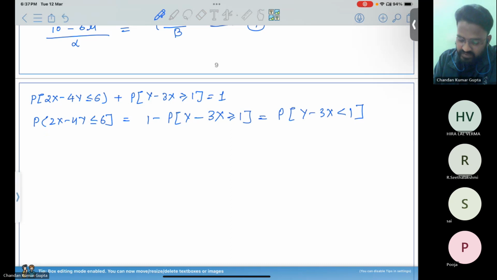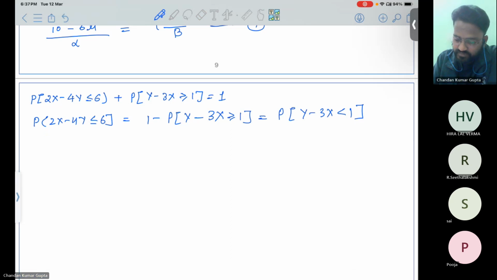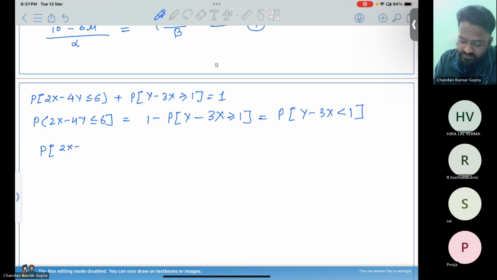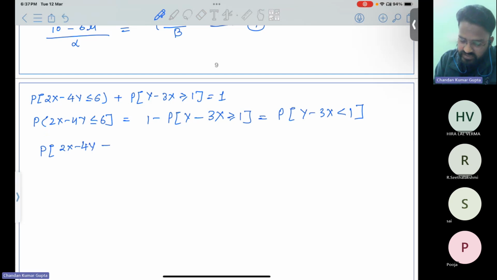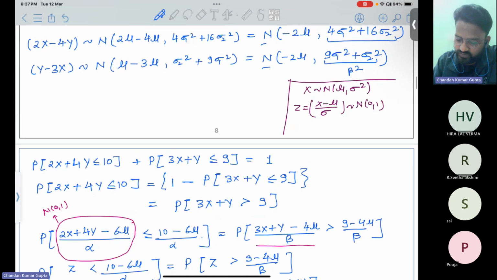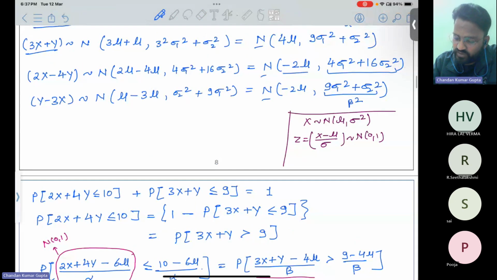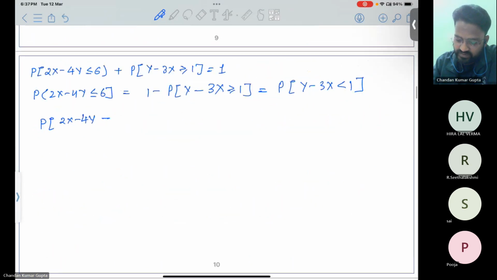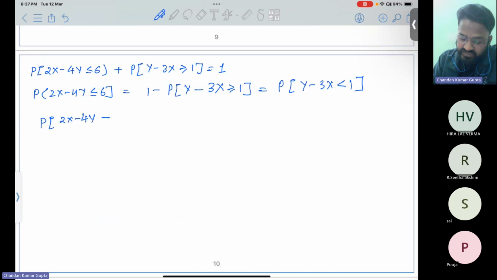Then we will standardize 2x minus 4y minus 2 mu, with variance beta square and alpha square.